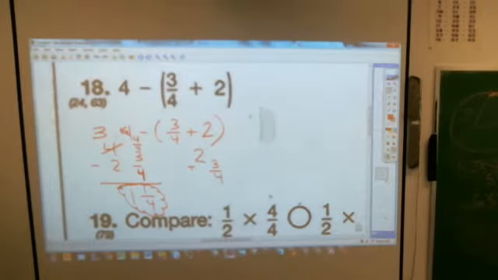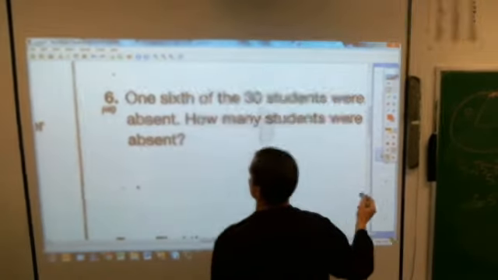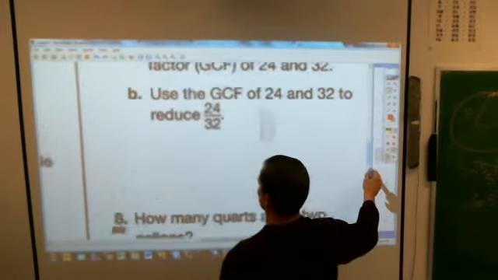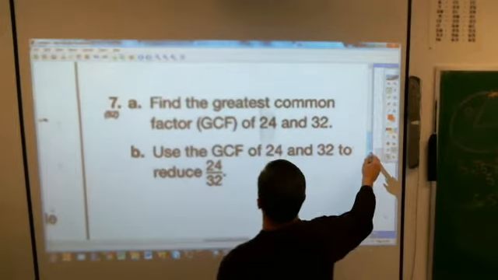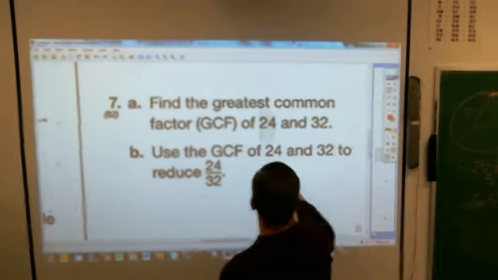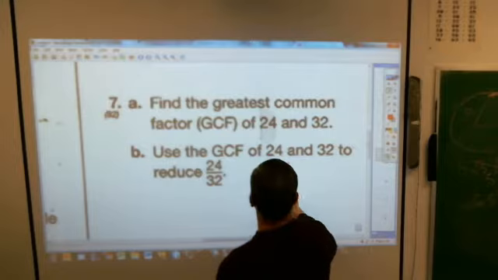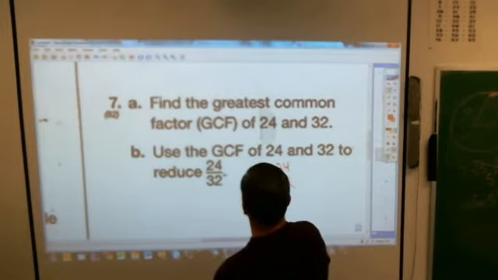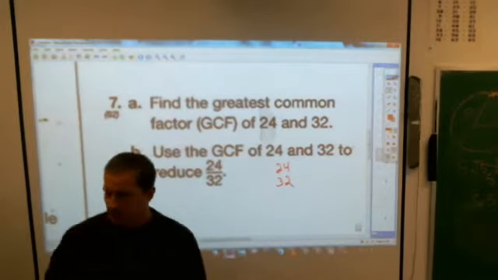Sam. On 7A, it couldn't be 16 or 12 because they don't go into. Let's look and see. Hold on a second. Let me look this up. Find the greatest common factor of 24 and 32. I don't think there's more than one greatest common factor of anything, but I will try.